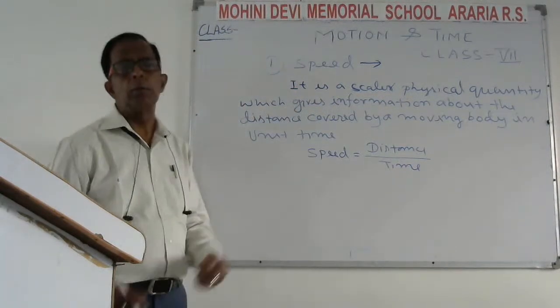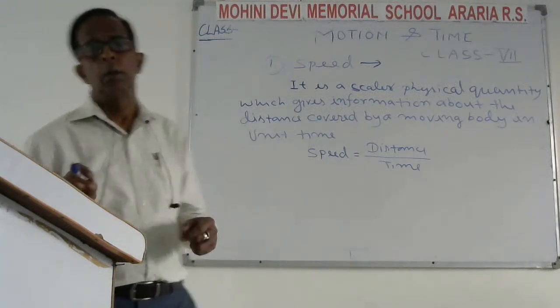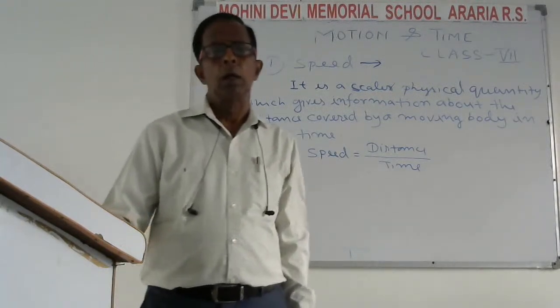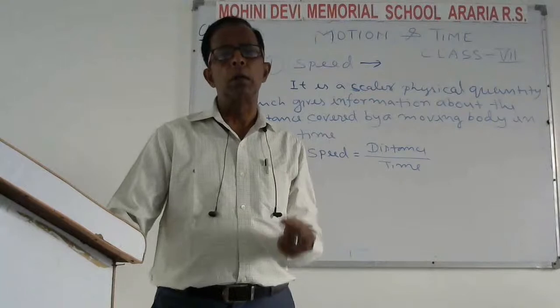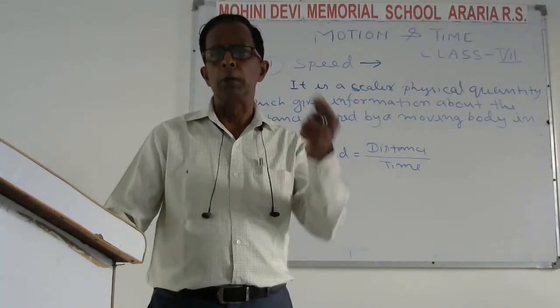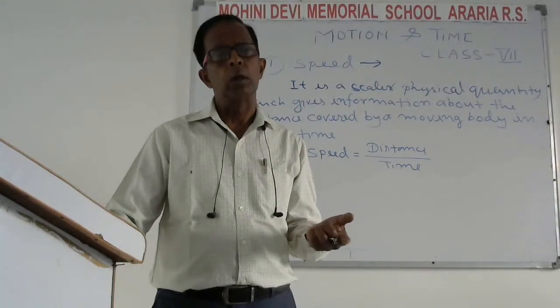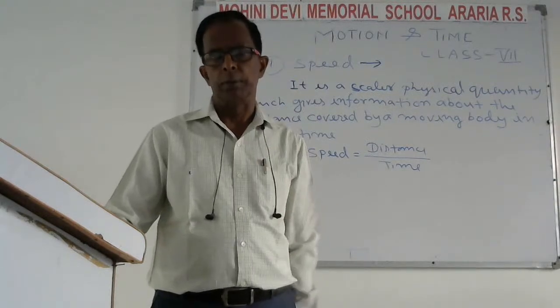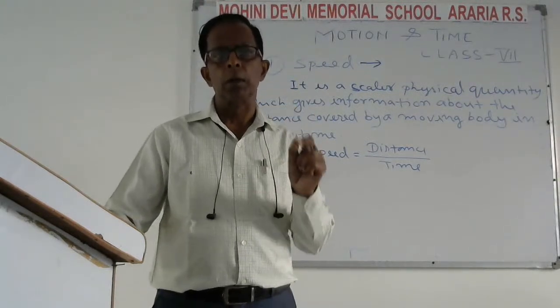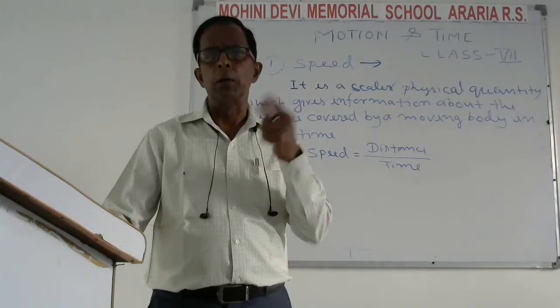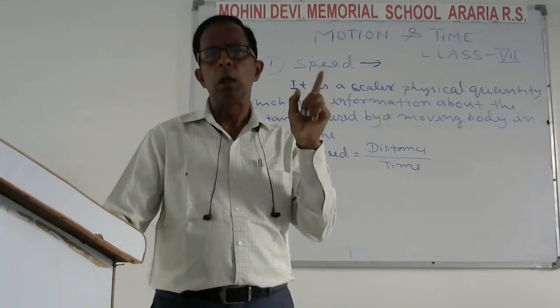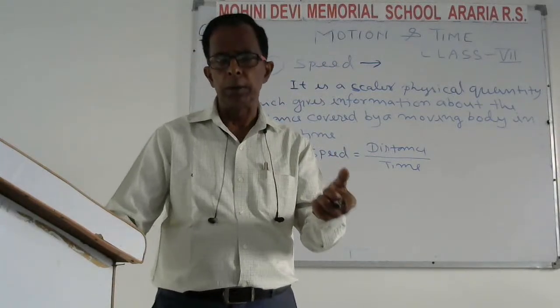You can describe the speed by a second formula: the distance covered per unit time by a moving body is called the speed of the moving body.